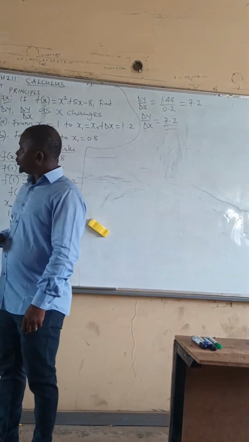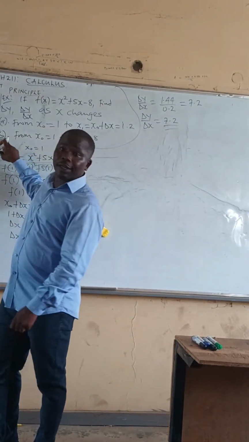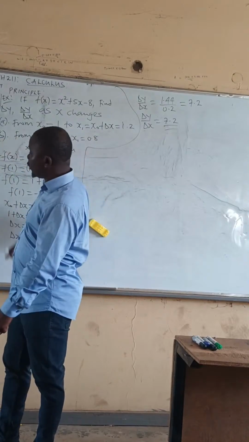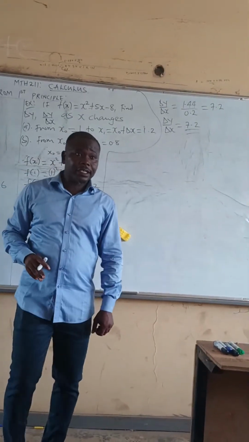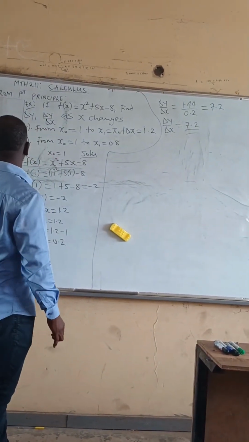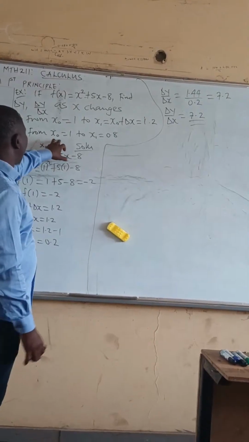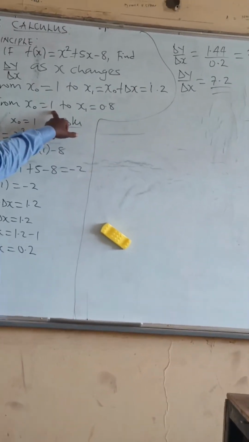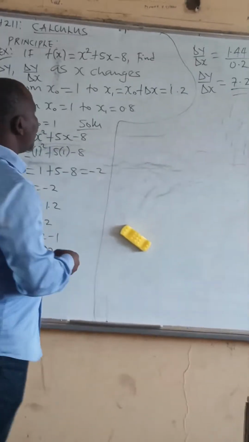Okay. Now let's consider b. It means we are done with a. Is that clear? So let us consider b, right? What is b? From x naught equals 1, right?